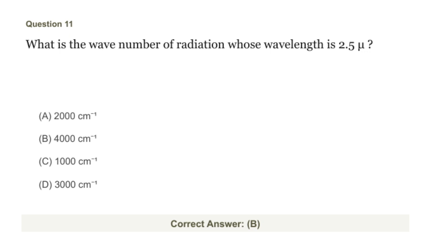This example highlights how wavelength directly influences wave number, which is fundamental in understanding infrared spectroscopy and molecular vibrations. So, grasping this relationship helps us connect the concepts of electromagnetic radiation and molecular analysis in our broader discussion.